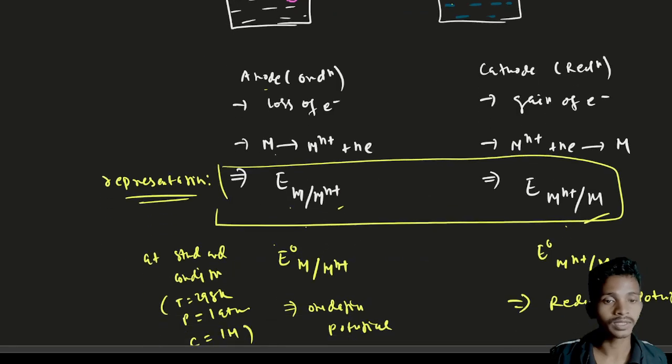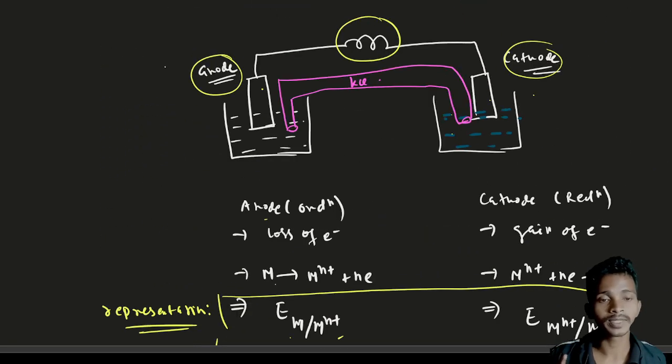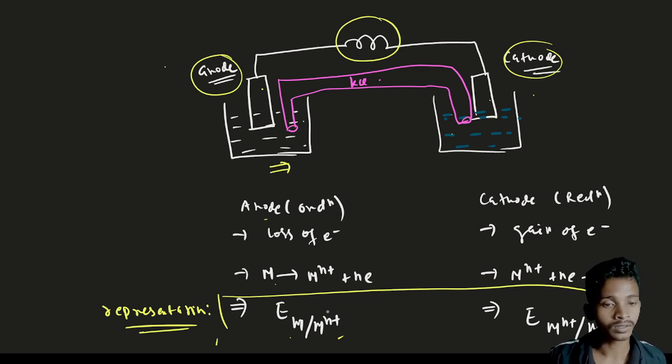So now the question is, what is the EMF of the cell? EMF of the cell means the difference of the electrode potentials of the two electrodes. One electrode potential is the oxidation potential, and the other is the reduction potential.